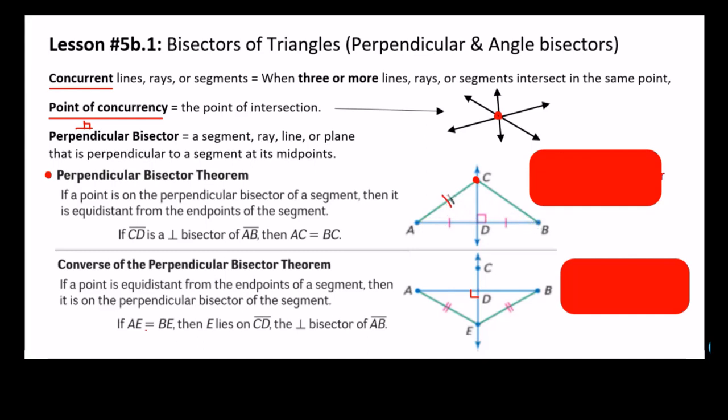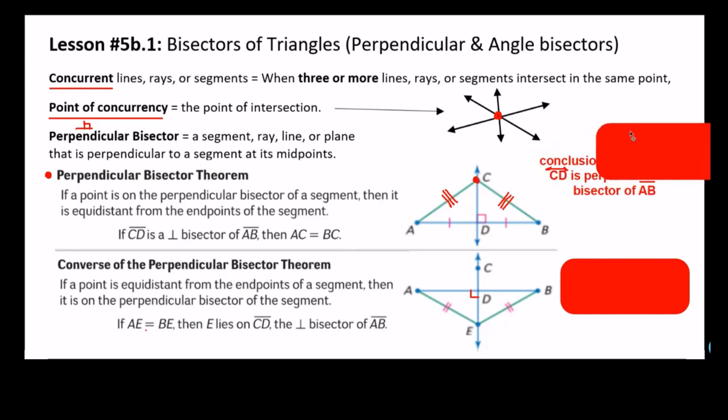So in other words, these two are congruent. That's basically what the theorem is saying. So if you have a perpendicular bisector, any point on that perpendicular bisector is equidistant. So in this drawing, I was able to draw these two things because I know that this is the perpendicular bisector of AB.